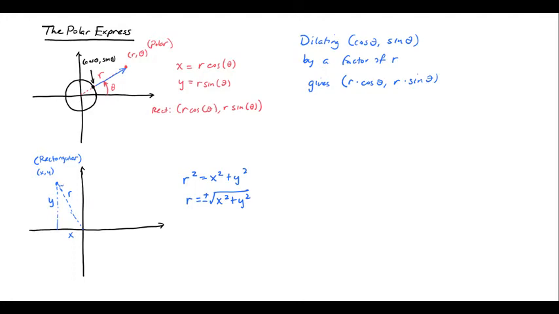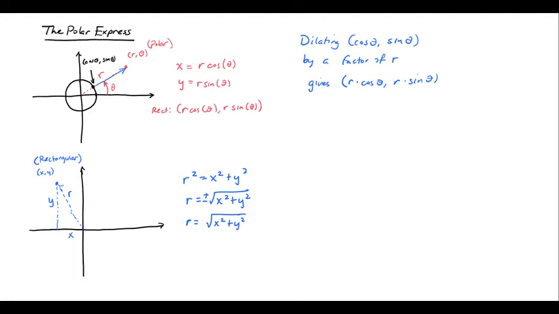But conventionally, I'm going to tend to use the positive value because it is always possible to do that. If I want to use the negative value, I have to think about walking backwards once I've turned myself in the right direction. So I'll almost always take the non-negative square root. That may be 0 if I'm at the origin, but usually it will be positive. So that's my r.